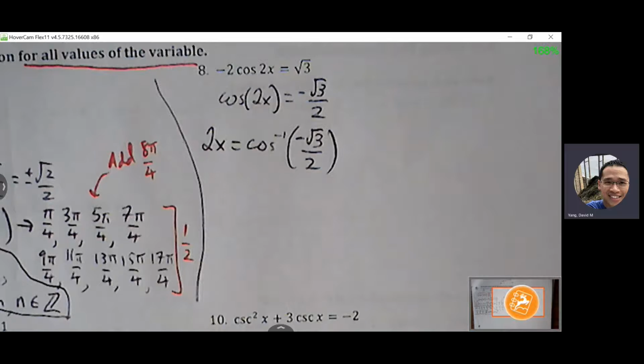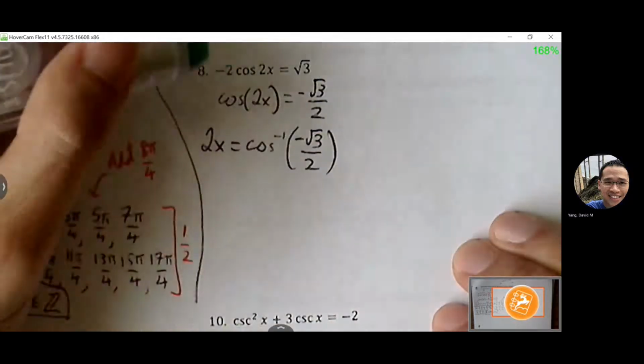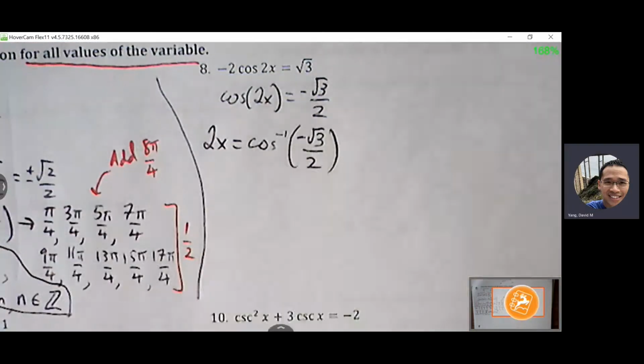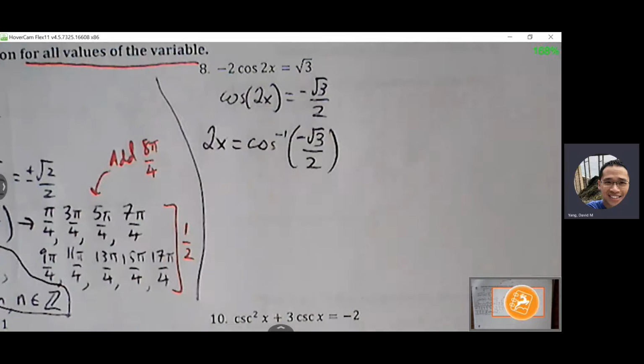Sorry, I already moved that 2 over, so the 2 is not there anymore. Oh, sorry, the 2x is still there, okay. So list out all the values where cosine of theta is equal to negative root 3 over 2.